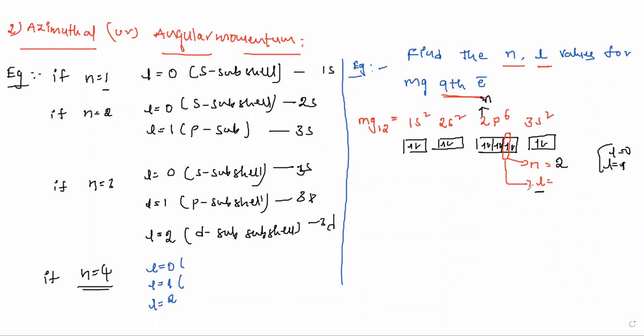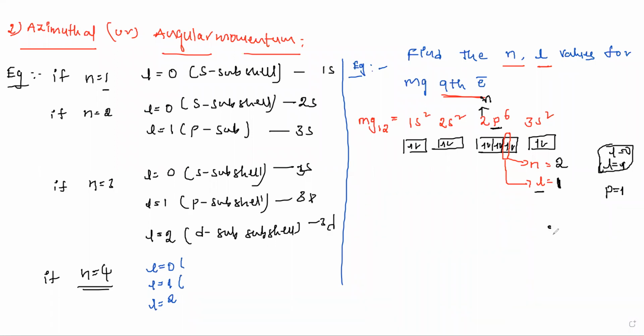But we cannot write two here; we have to write only one L value. How do we decide? On which subshell is this electron present? The p subshell. So this electron is present in the p subshell, that's why here the L value is 1.